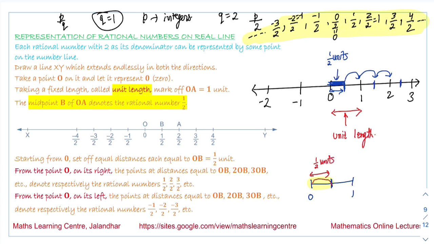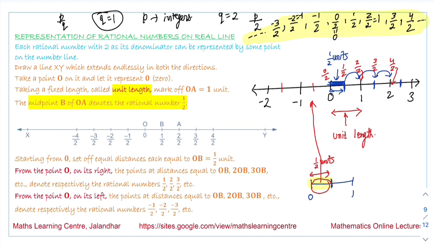We take this length and start marking the points over here, and these are the points that were required. So this point is 0 by 2, next point is 1 by 2, next point is 2 by 2, which is basically 1, next point is 3 by 2, next is 4 by 2, which is 2.